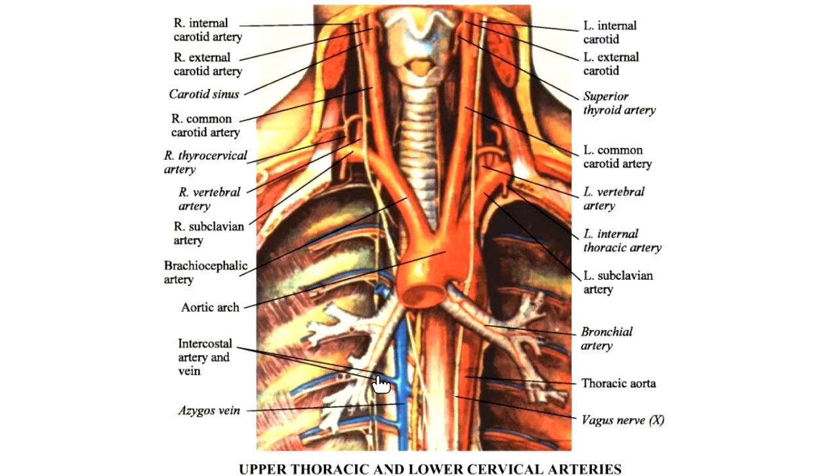So we find the subclavians, and the first branch going up is our vertebral artery. So here's our subclavian, and here's our first artery that's going up. It's going superior. There is our right vertebral artery, and here is our left subclavian. There's our first branch. So there is the left vertebral artery heading up.